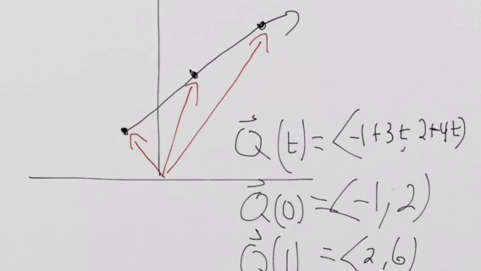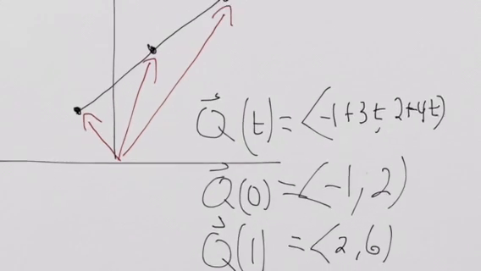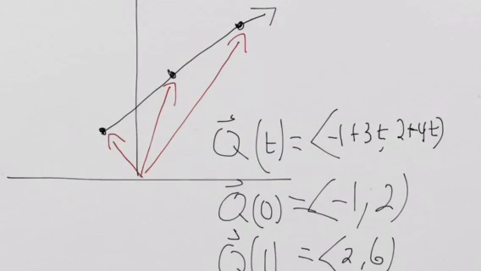So if we're looking at the path of our object, our path is traced out by these different vectors that are changing as time goes on, right? As time goes on, their horizontal components are increasing by 3, the vertical components are increasing by 4, which is creating this line with the slope of 4 over 3. And we're only showing t equals 0, t equals 1, t equals 2, but obviously there's all these different times.